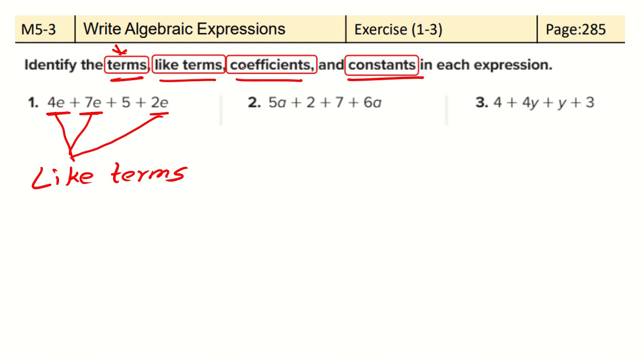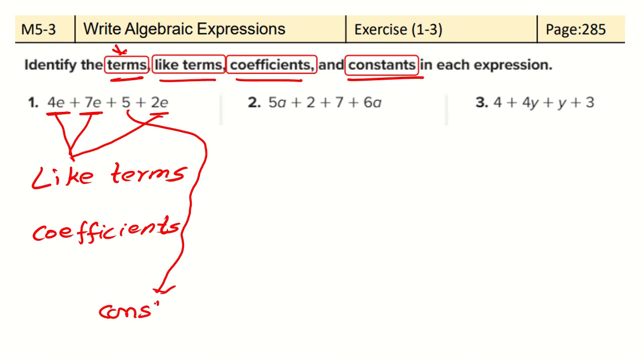Coefficient means the number which is multiplied with the variable, so they are coefficients also. 4, because 4 is multiplied by e, 7 is multiplied by e and 2 is also multiplied by e. Constant term means the number which is not written with the variable. So 5 is not written with the variable, so this is the constant term.